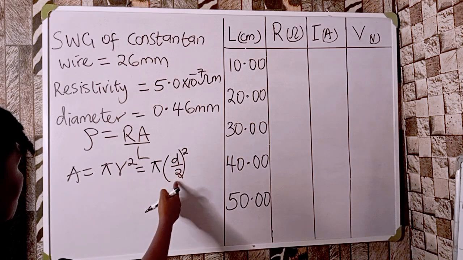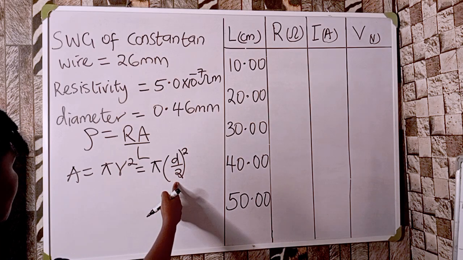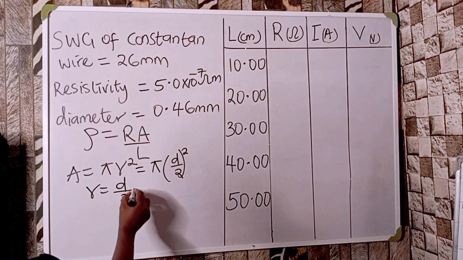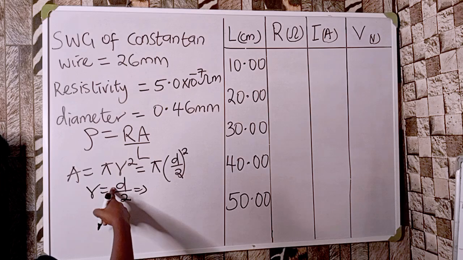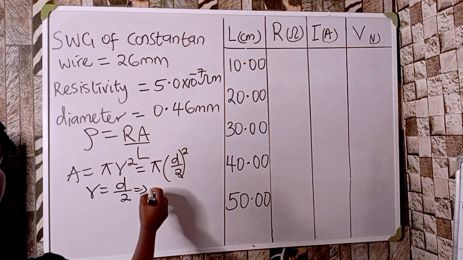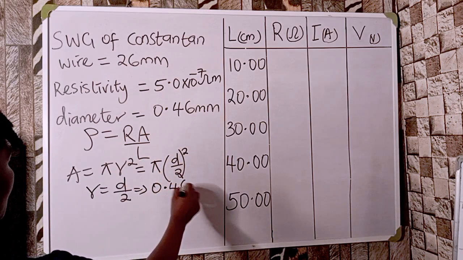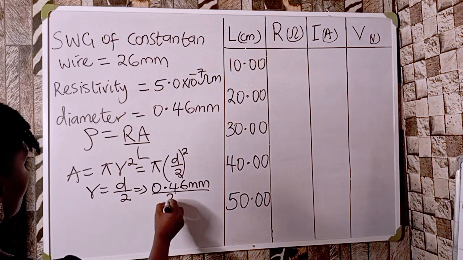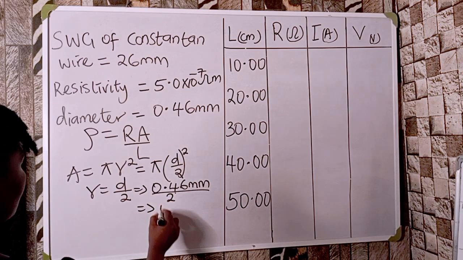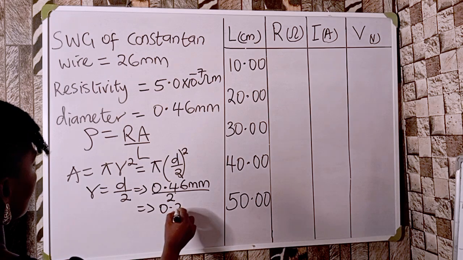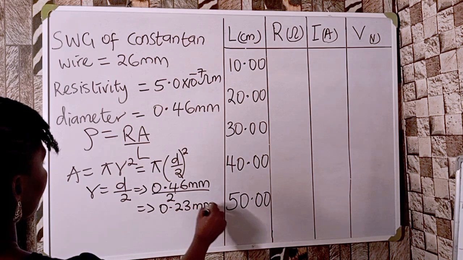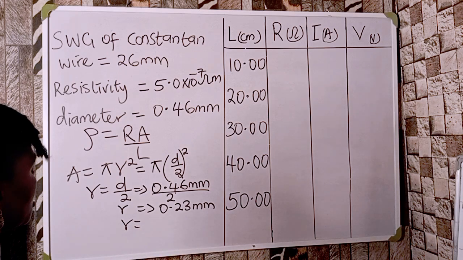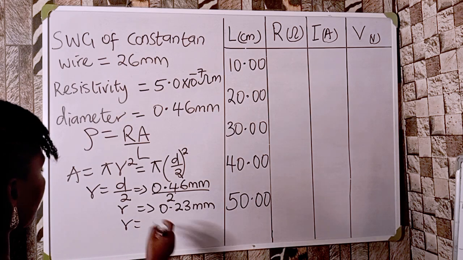Why do I have diameter over 2 all squared? Because radius is diameter over what? 2. Radius is diameter over 2, and the diameter given is 0.46 millimeters. If I divide it by 2, I'm going to have 0.23 millimeters, and also it is supposed to be in meters, so I'll divide by 1000.